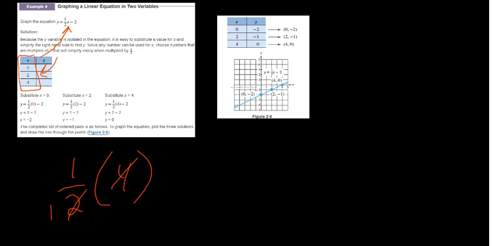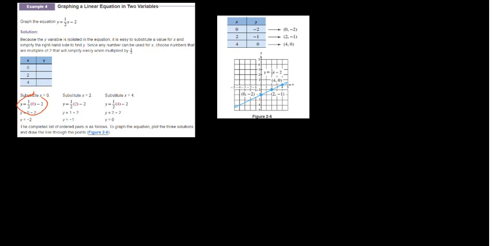So, let's go down here. We've got y is equal to 1/2 times 0. Anything times 0 is simply 0, and then 0 minus 2 is negative 2. So we'd put a negative 2 right there. Oh, I guess it is handled over here.